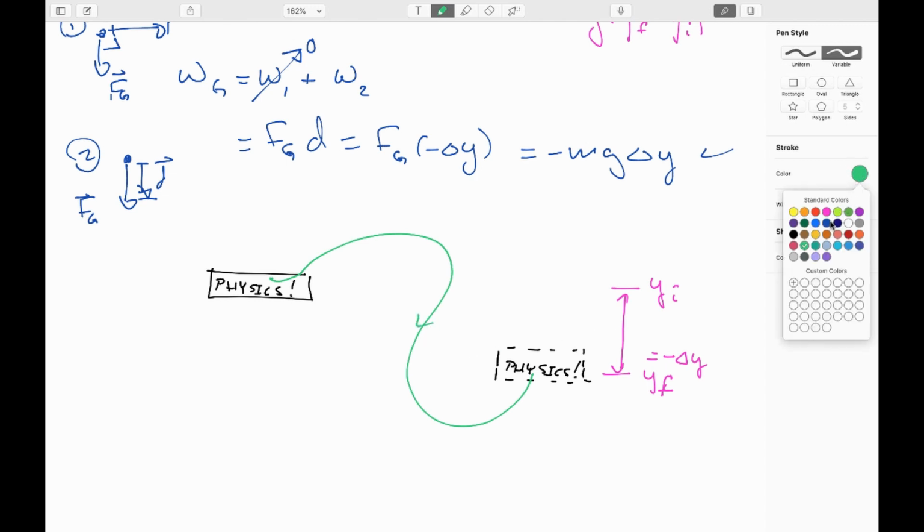The trick, and to do this rigorously mathematically is beyond the scope of this course, is you can't do it for the curved path per se, but what you can imagine doing is squaring out the path like this. So just doing a bunch of zigzags that basically follow the path.